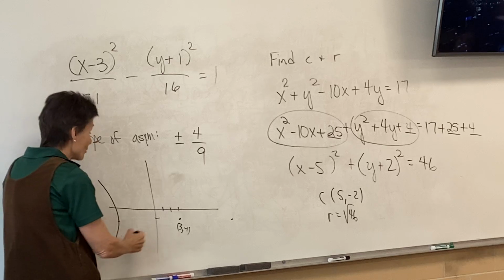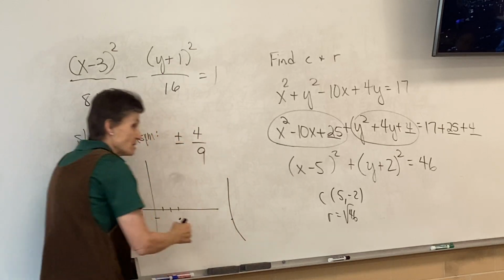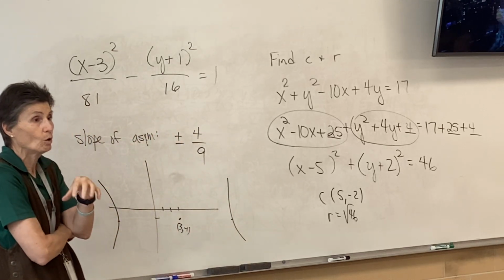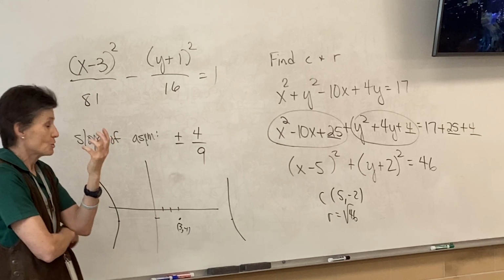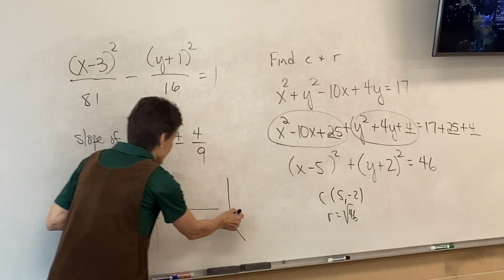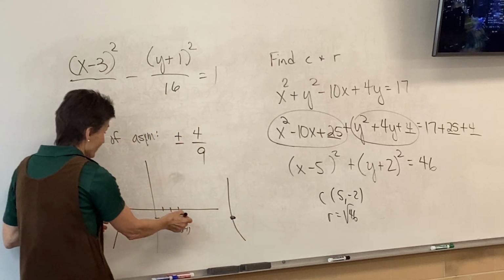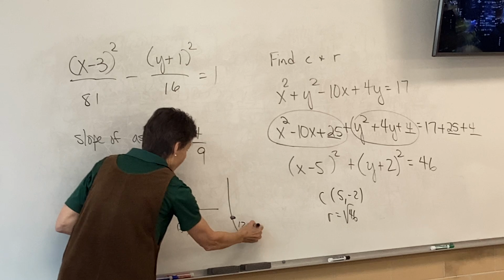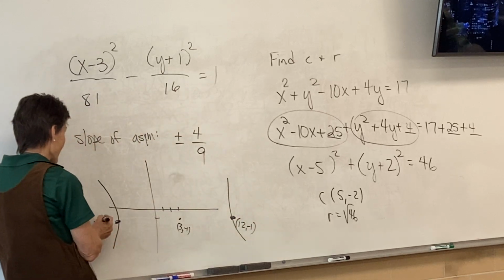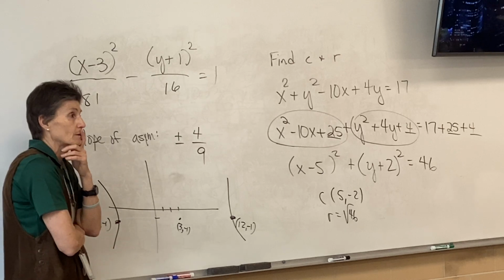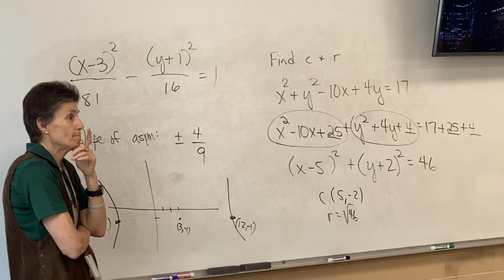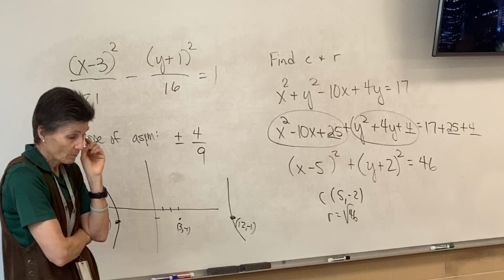Aren't those going to be my vertices? Because don't my vertices go with the letter that comes first in the equation? So these would be the vertices right here. If we counted 9 forward, that would be 12, -1, and 9 backward, -6, -1. Okay?